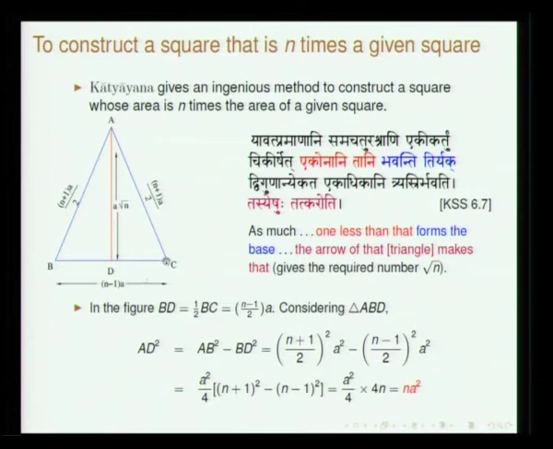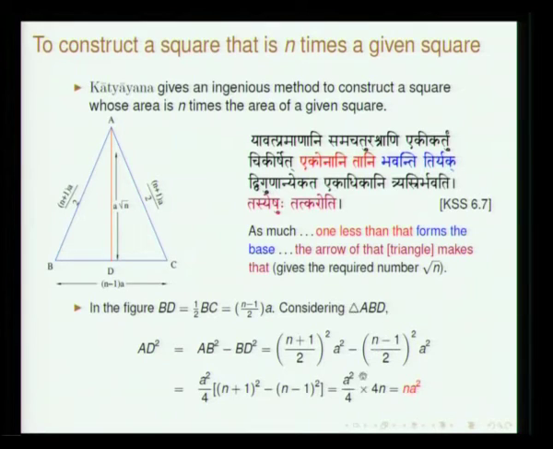Okay. Then the other two sides have to be of this measure, n plus 1 into a by 2 and n plus 1 into a by 2. So, the perpendicular dropped from A will be root n times a.